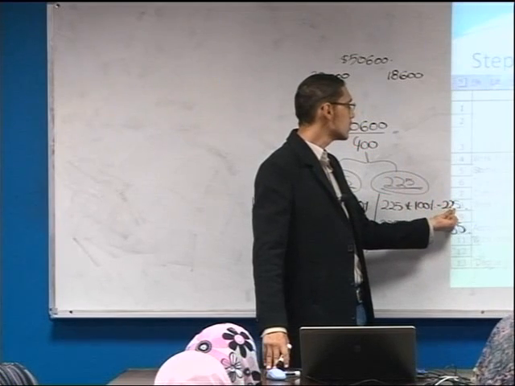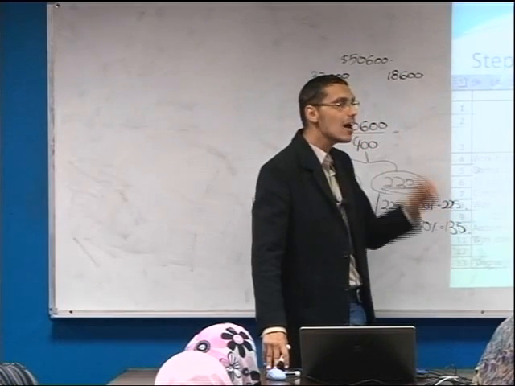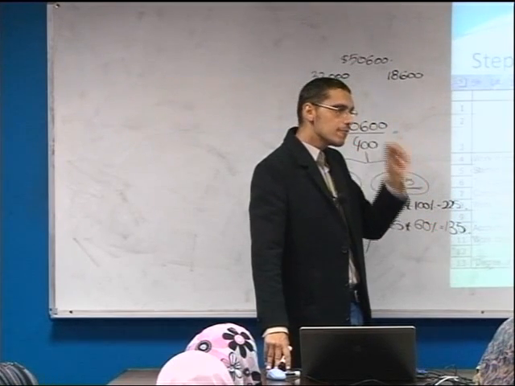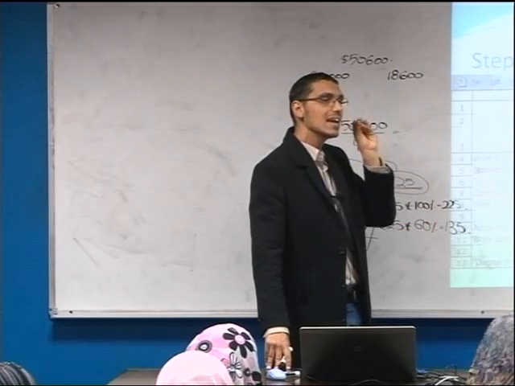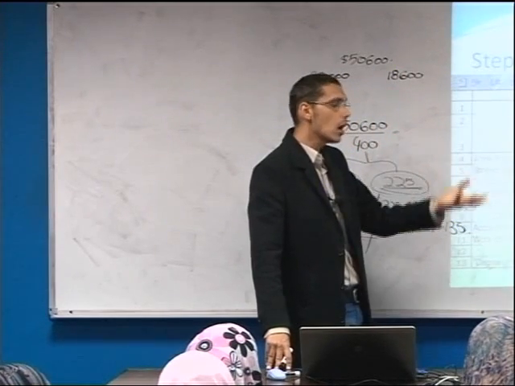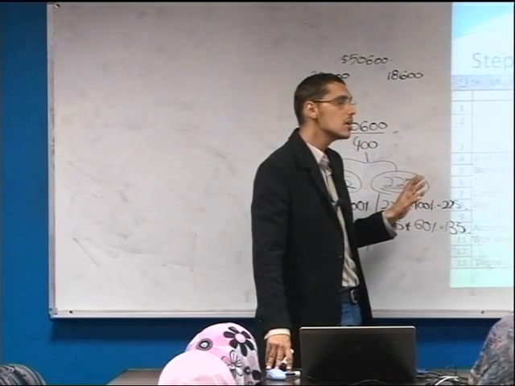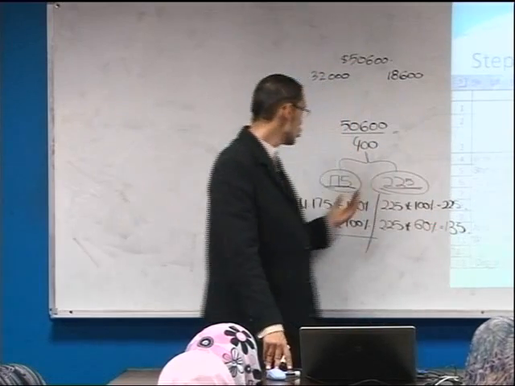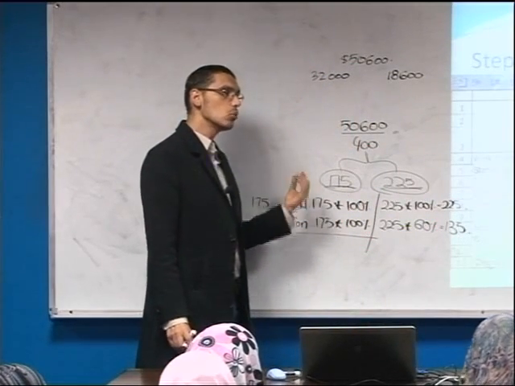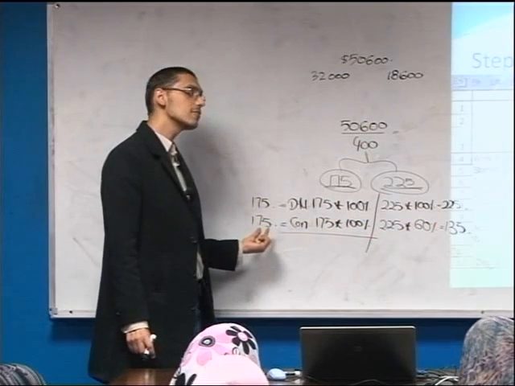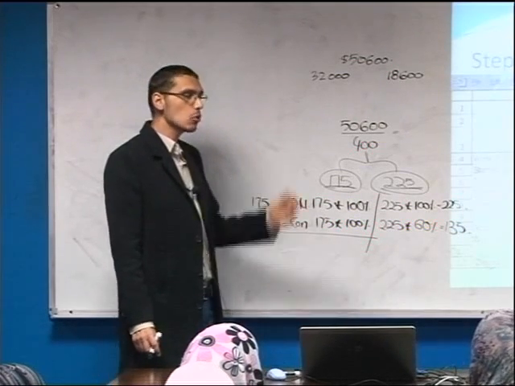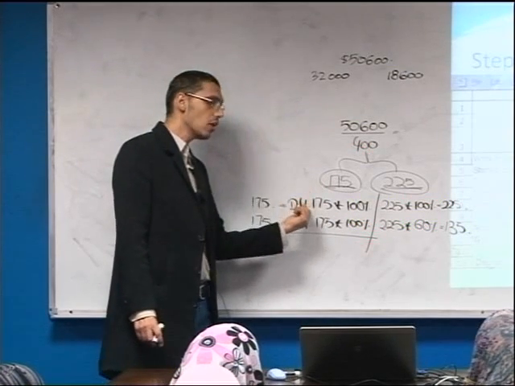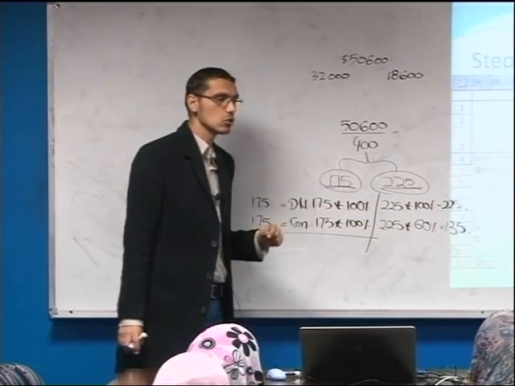And we would produce 225 complete units if we incurred the same costs that were incurred for the 225 in regard of the direct materials. The same goes for the 175. We would produce 175 units if we incurred the same cost that we incurred in order to produce the 175 in regard of the direct materials and the conversion costs.